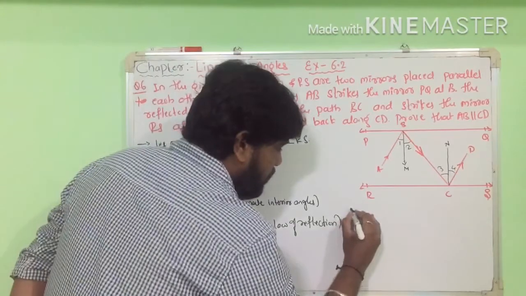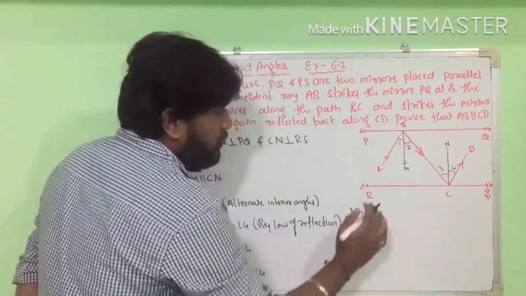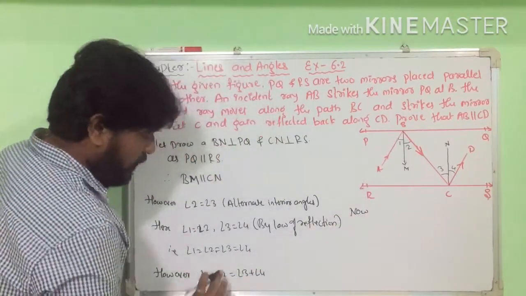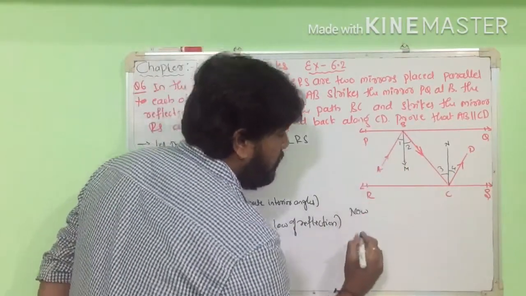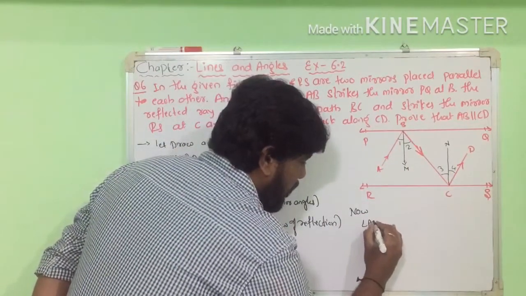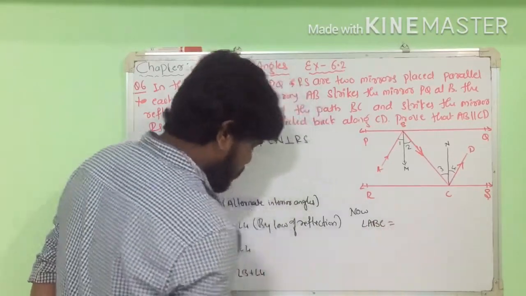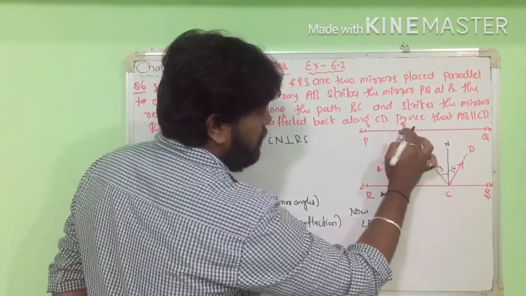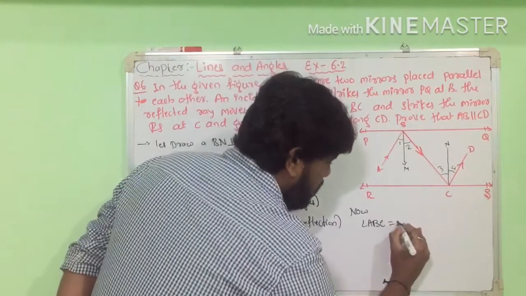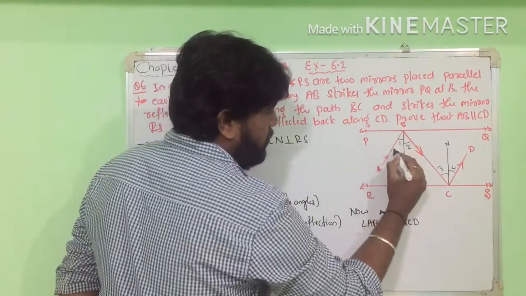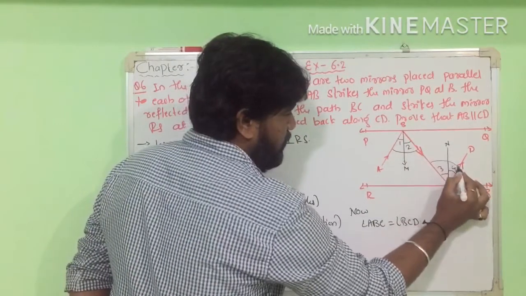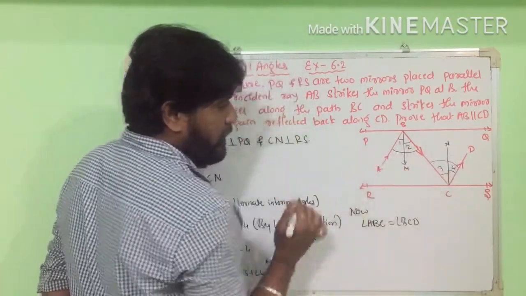So the sum of angle 1 plus angle 2 is angle ABC, and angle 3 plus angle 4 is angle BCD. See here, angle ABC and angle BCD, these two angles are equal.